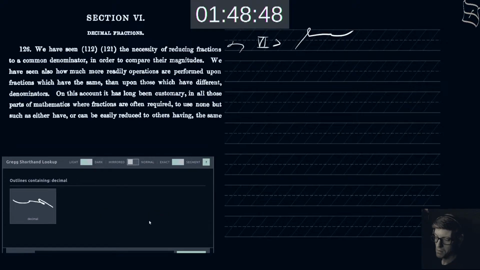Hey, all right. I'll take that. Not too far off. It just needs the S turned the other way. Okay. Decimal fractions. And this is Article 126.